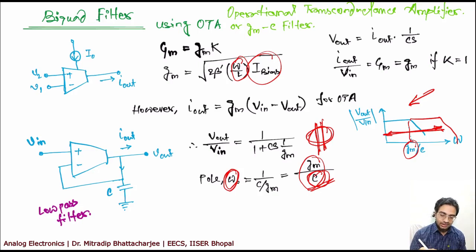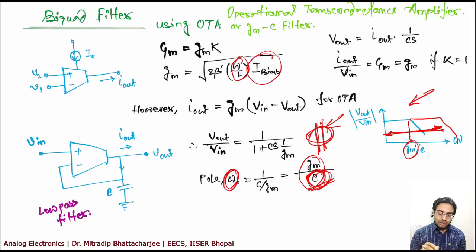Now if your C value is very low, these parasitic capacitances will come into action, and they are actually in parallel with this C, so they are increasing the C. So you can't go beyond a certain limit, and moreover your whole system will become unstable if it is very low, because these parasitics will start dominating, and you don't have any control over this parasitic capacitance.